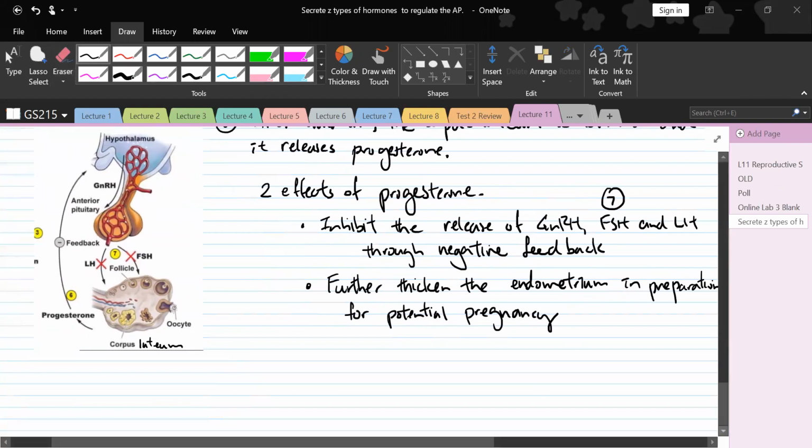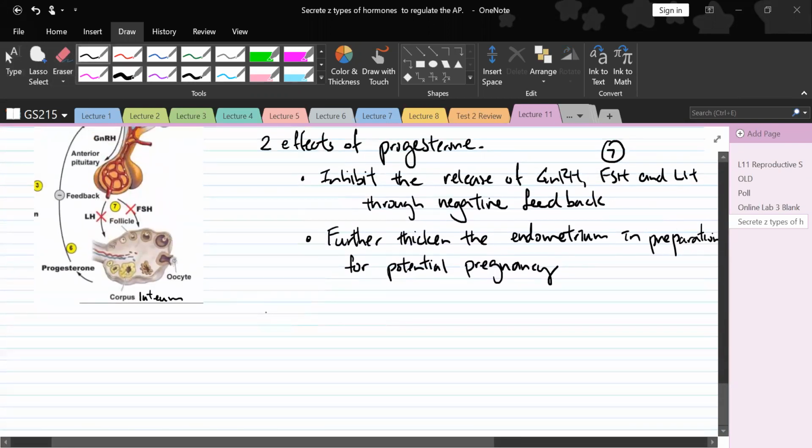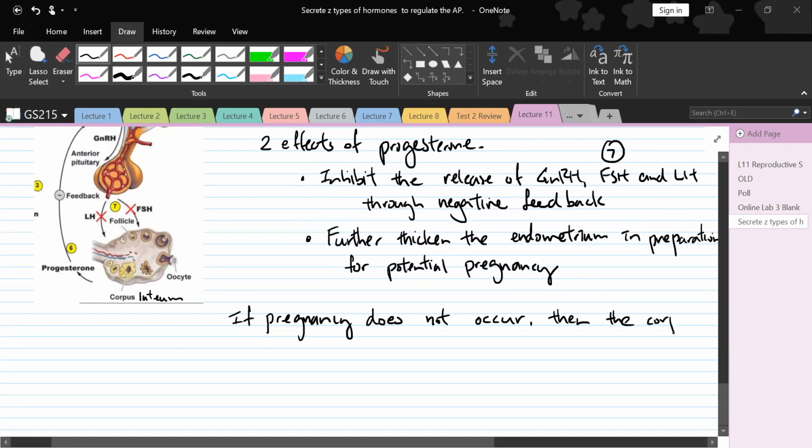So what happens? 2 things can happen. If pregnancy does not occur, then the corpus luteum will break down. Okay.